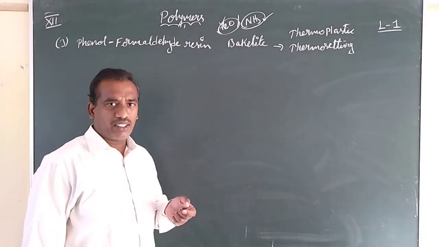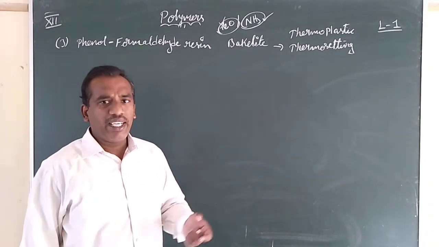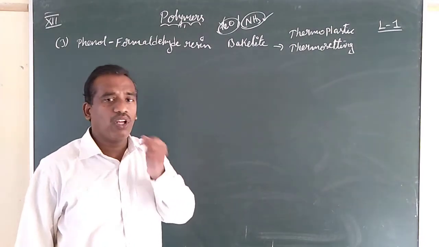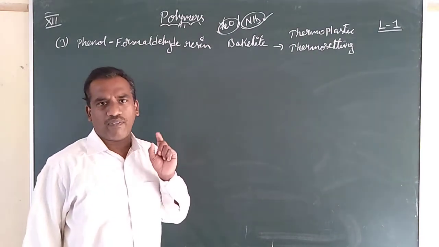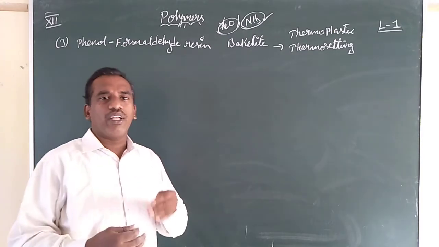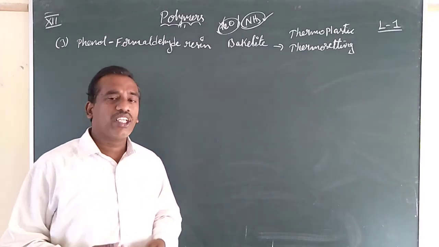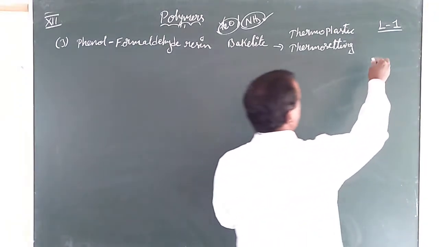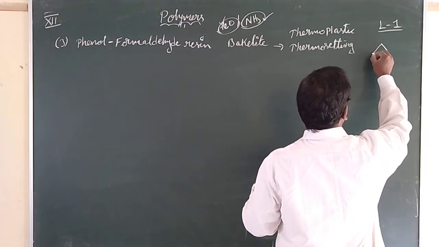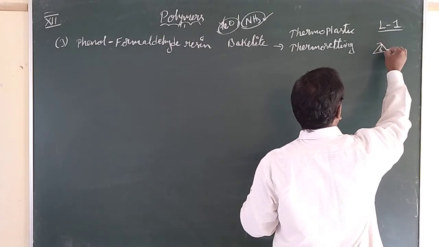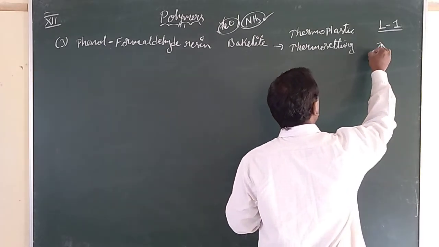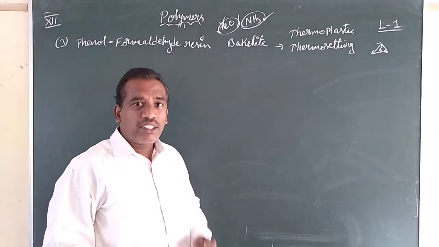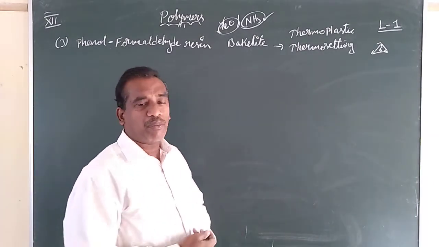Thermoplastic polymers means if you heat them, they will melt, and if you cool them, they will solidify, so you can mold them into different shapes. You can see the plastic water bottles, which have a symbol showing they are recycled 6 or 7 times. That means they are molded many times, which is the thermoplastic type of polymer.